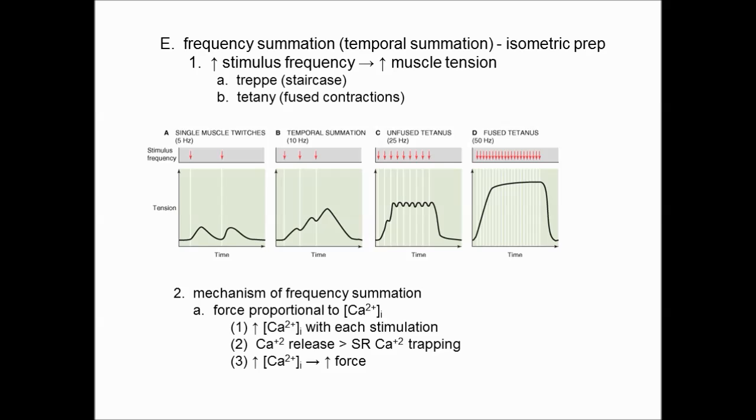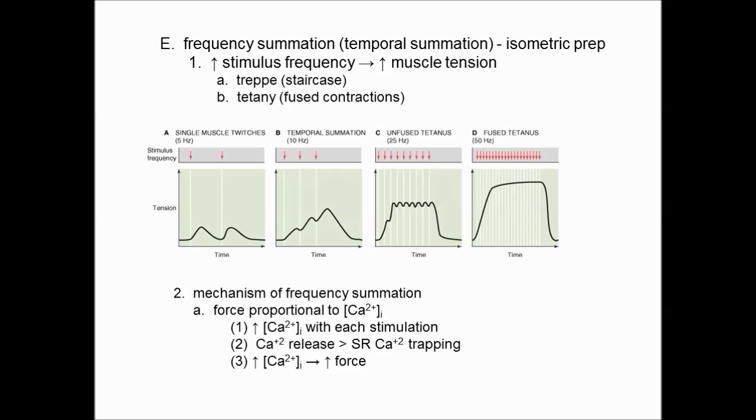The mechanism for the increased force that occurs in tetany has gone through some evolution, and now is believed to be by two different mechanisms. I'll explain both. I think the contribution depends on the type of muscle, but in many muscles the second mechanism is more important than the first.